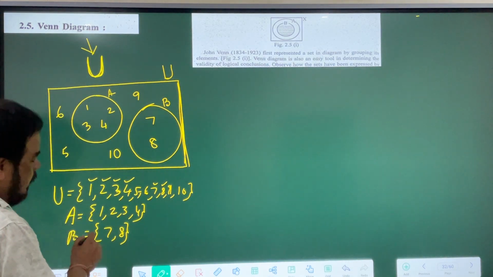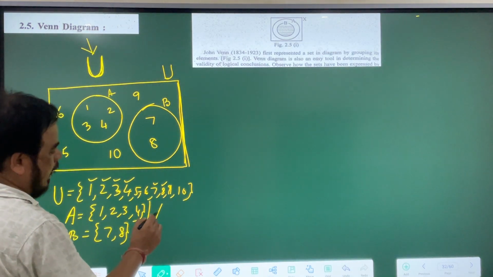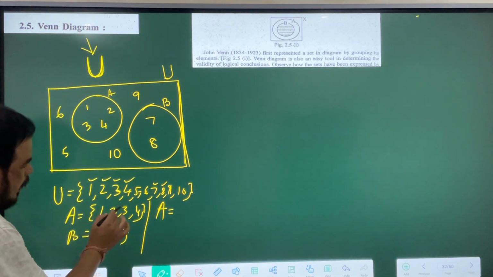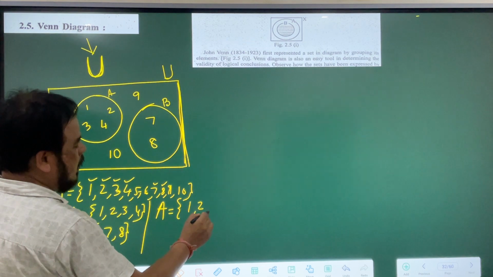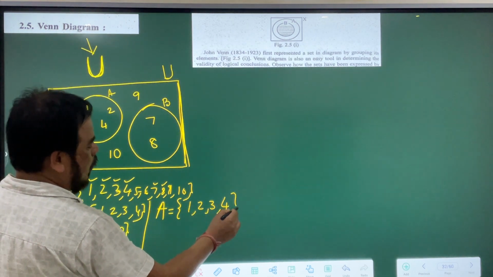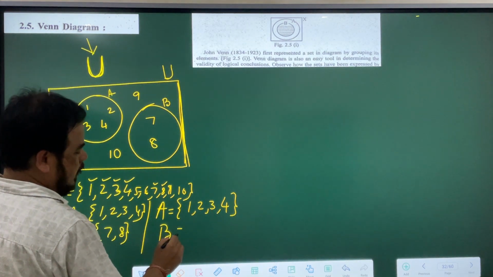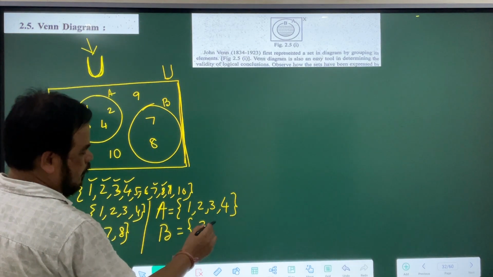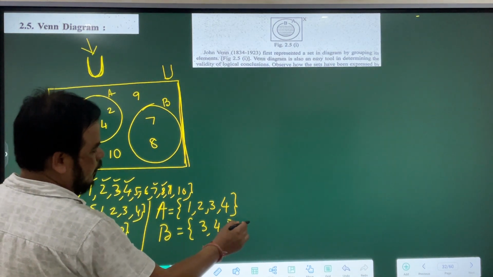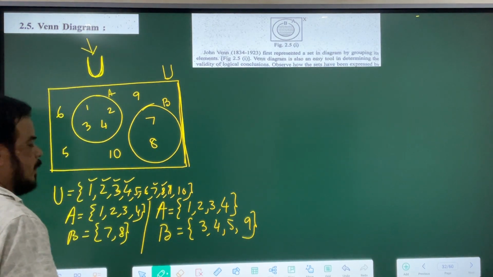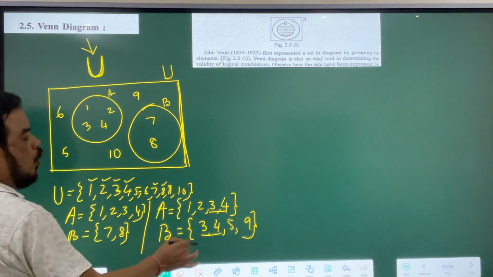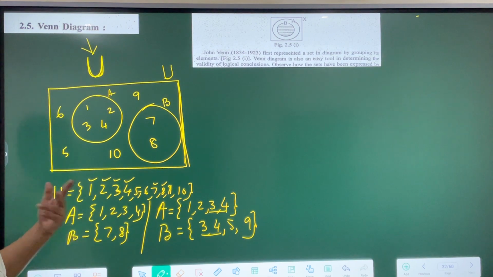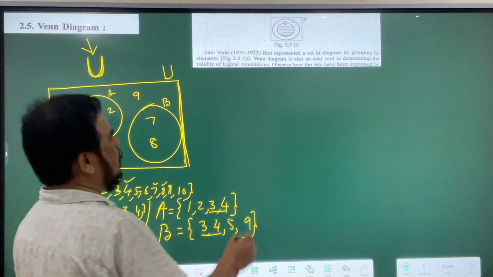Now, if it is like this, here between A and B no common elements. Suppose between A and B common elements are there, then how we will draw the Venn diagram? Now 3, 4 and 3, 4, two elements I have kept common. Then how to draw the Venn diagram?